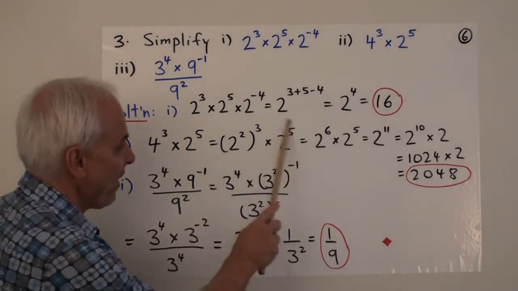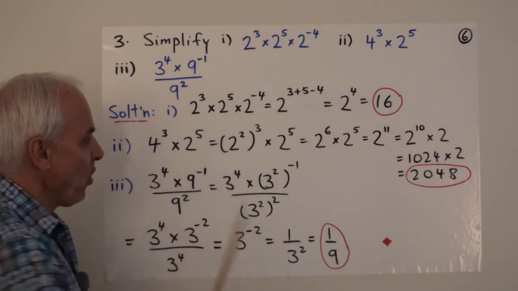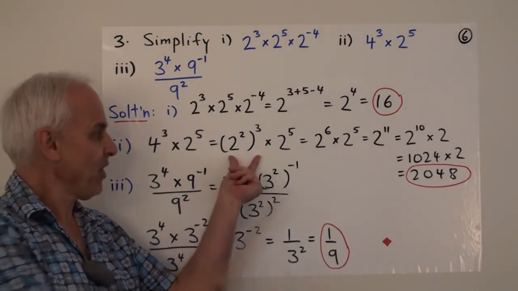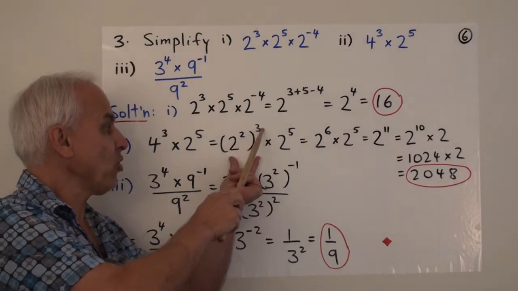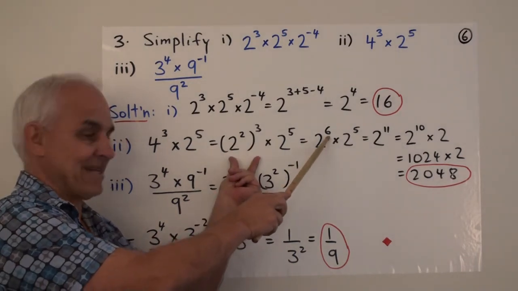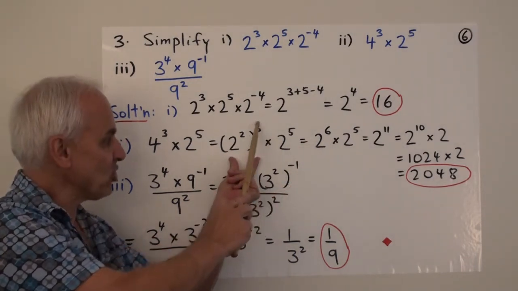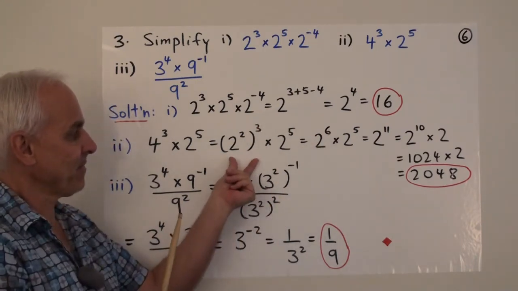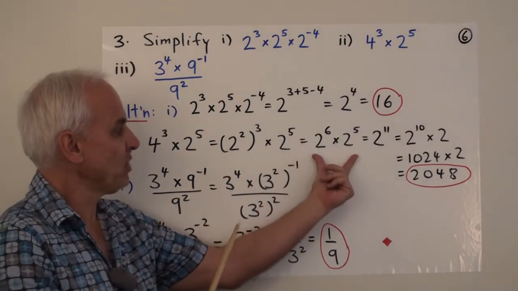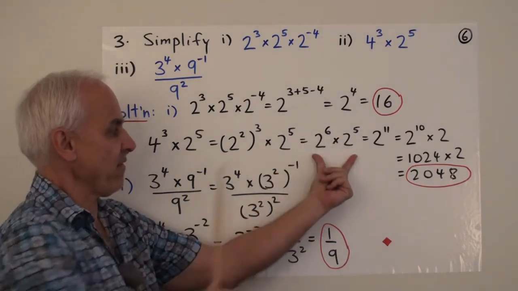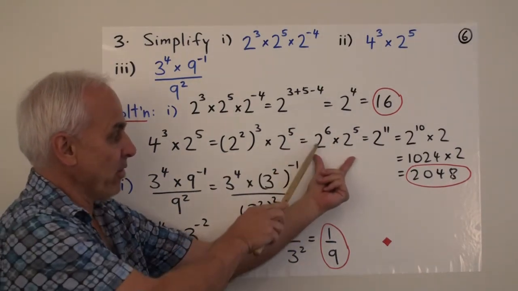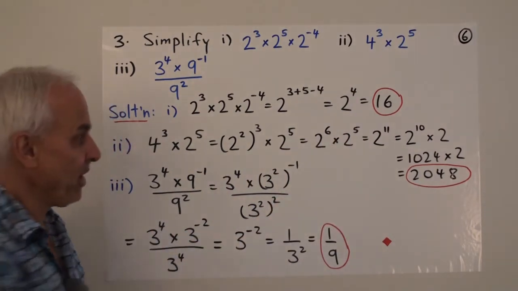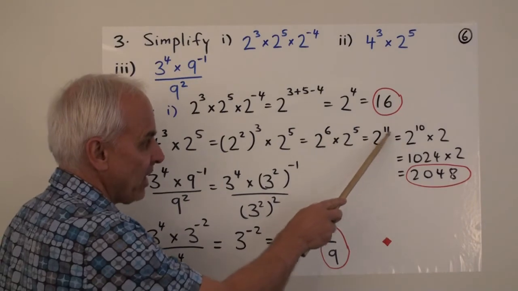How can we simplify that? Well, our second index law tells us what to do with this. 2 squared all cubed is 2 to the 6, because 2 times 3 is 6. So this equals 2 to the 6 times 2 to the 5. And now we're in a position where the bases are the same. That's much simpler. We just add the exponents now to get 2 to the 11.